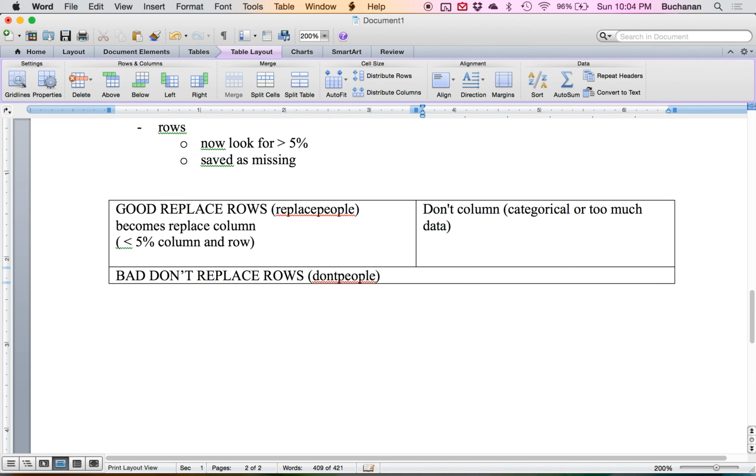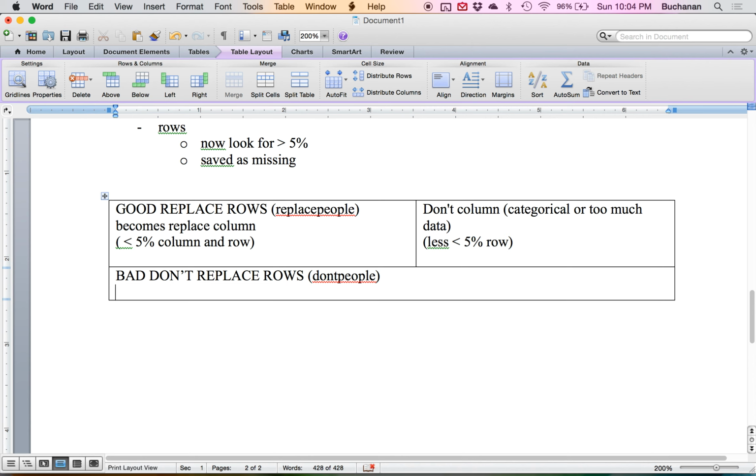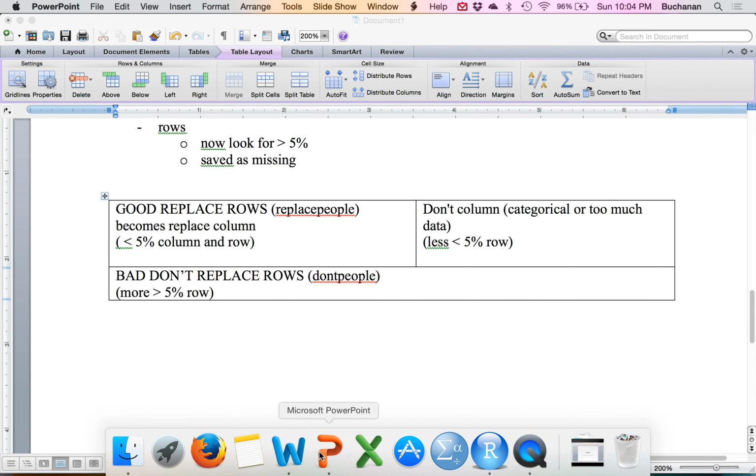Okay. This one's just less than 5% row because the columns we've excluded, and then this over here is more than 5% row. Okay. And that just sort of Lego pieces our data into different subsets that we can then add back together later.